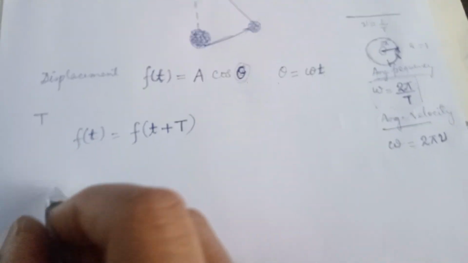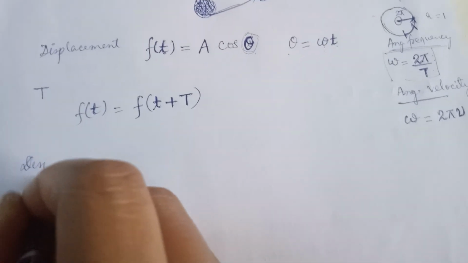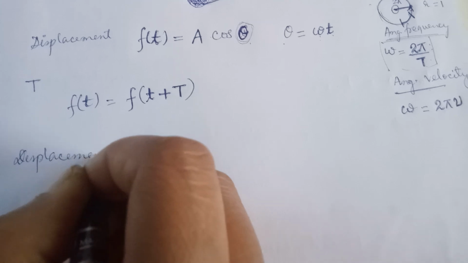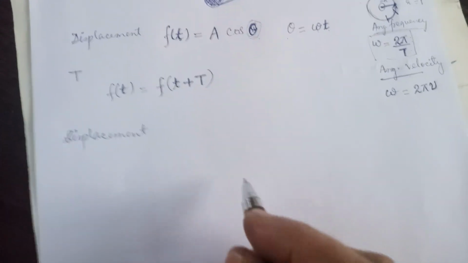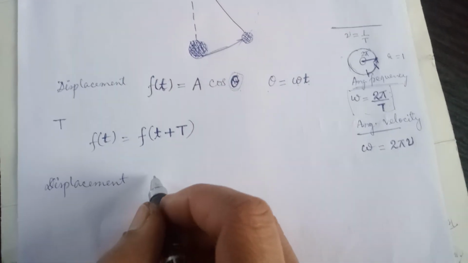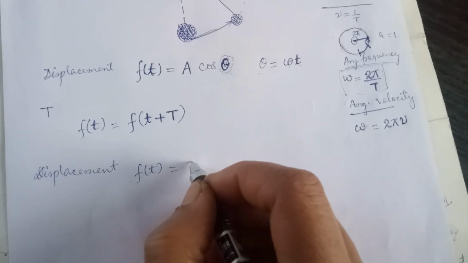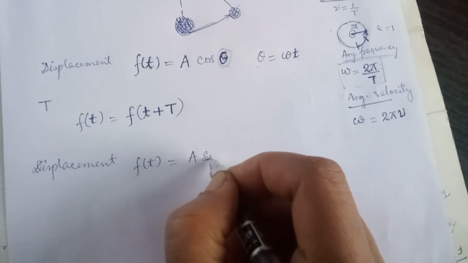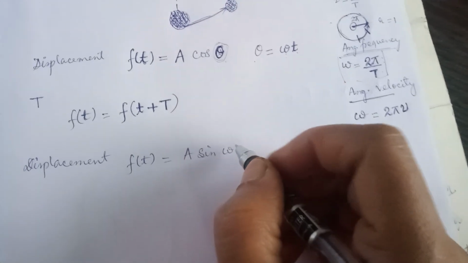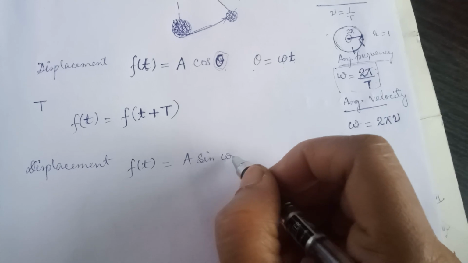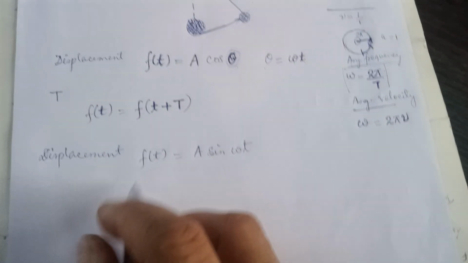Similarly, we can express displacement in terms of sine function also. Because why? A sine omega t also. Why?